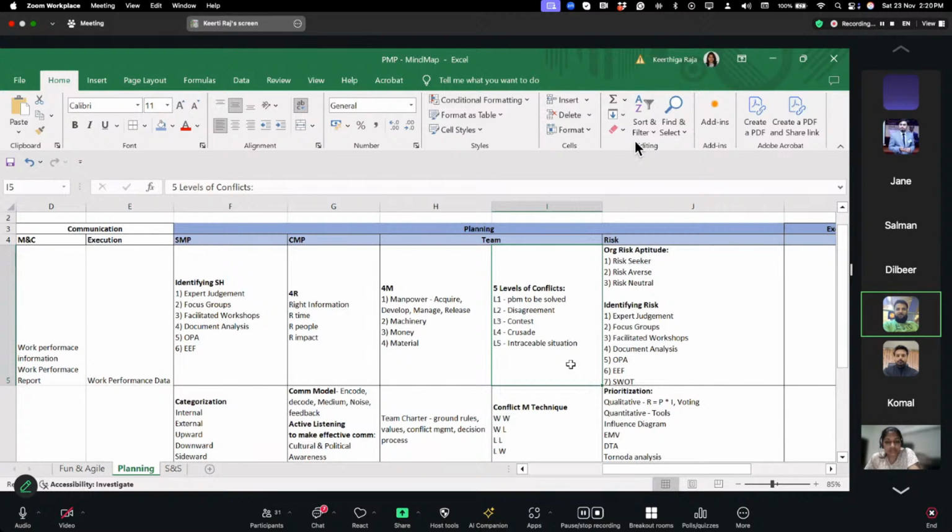And level 4 is crusade, where you are totally not in any way in a mood to resolve this, and you are just going over it like this is wrong, you are always wrong, everything is wrong, you don't do anything right. And level 5 is intractable, where everything is havoc and nobody is really interested in doing anything about it. So we have to basically avoid that.